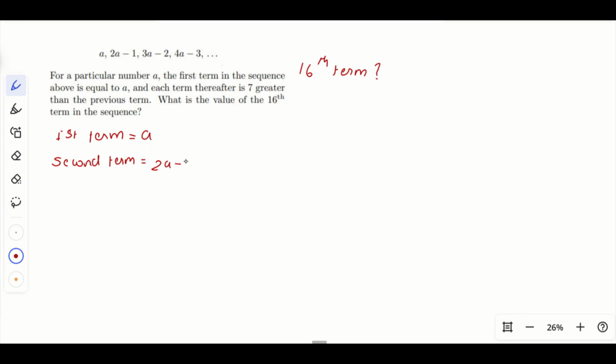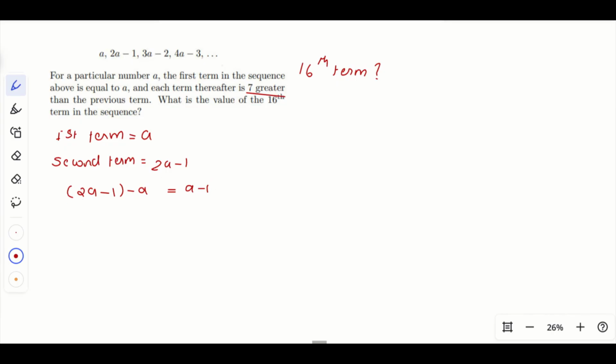To get the common difference, you subtract the first term from the second, so we write 2a minus 1 minus a. When you solve this, you get a minus 1.